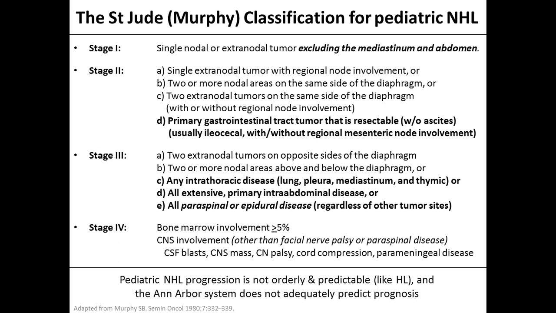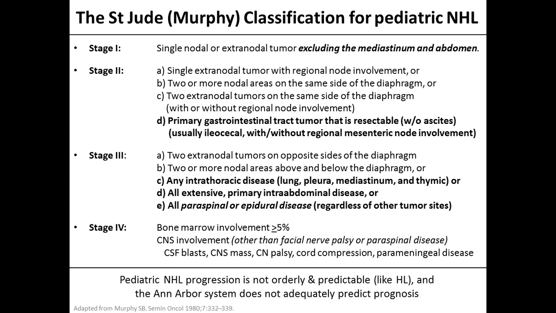The other thing to know is that down under the stage 3 part here, all extensive primary intra-abdominal disease, even if it's limited to the abdomen, is stage 3, which is not like Hodgkin lymphoma. All paraspinal or epidural disease is stage 3, not stage 4. CNS involvement excluding facial nerve palsy or paraspinal disease, that counts as stage 4.